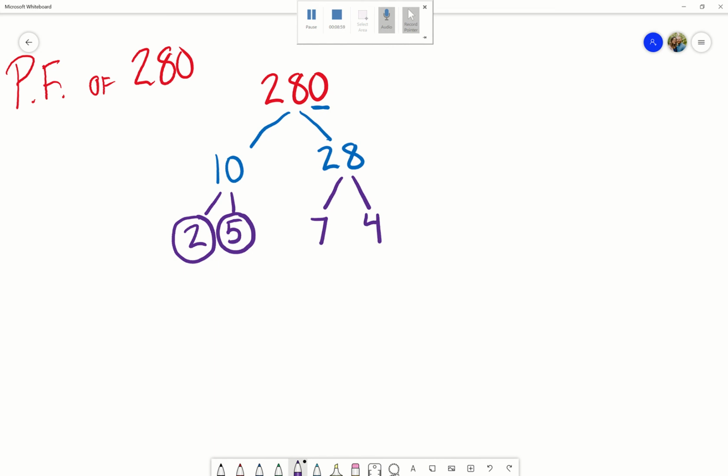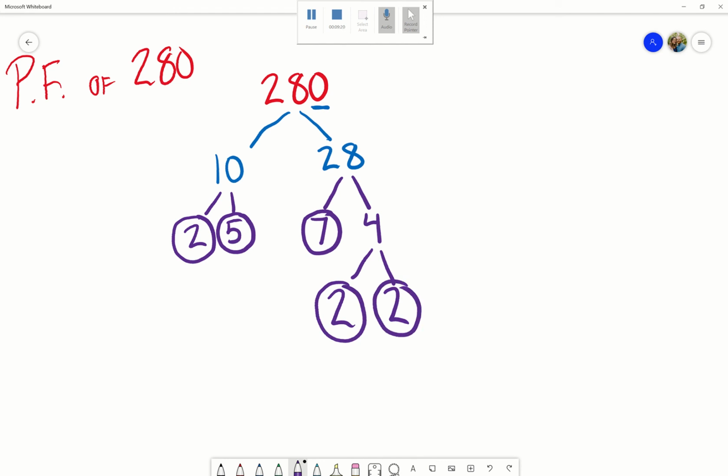Now 7. Is 7 prime? Well, yes, it is. 7 is prime. We'll circle 7. Is 4 prime? No, 4 can still be broken down, and I'm going to continue to break this down. 4 breaks down into 2 times 2. 2 is prime. 2 is prime.